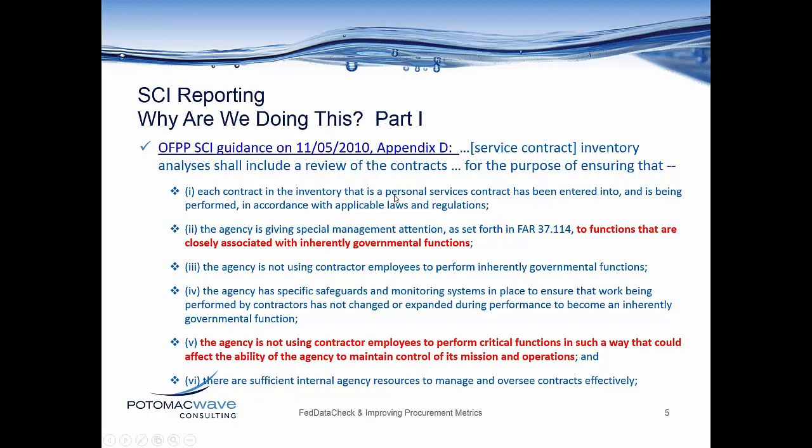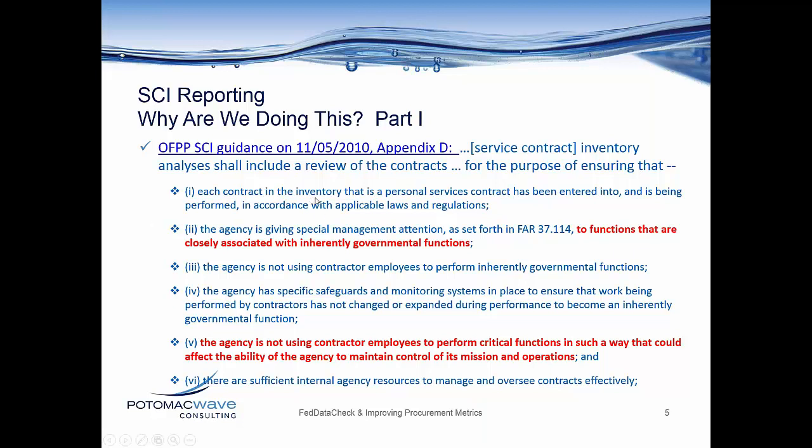What's the big picture here? So if you look at this guidance here on 1110, I've pulled out some of the quotes. Service contracting inventory analysis shall include a review of the contracts. This is from OFPP guidance on service contract inventory reporting, which I'll distribute to you later today, along with the PowerPoint deck.